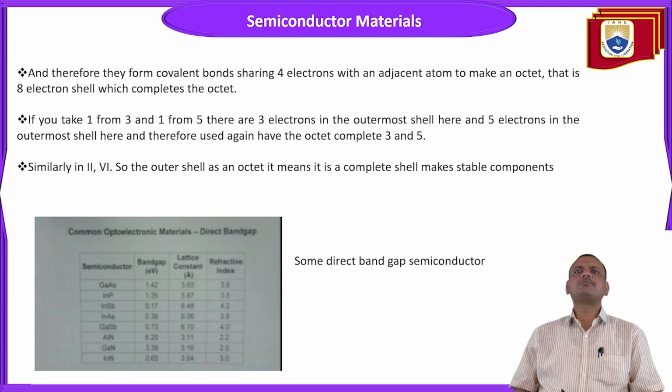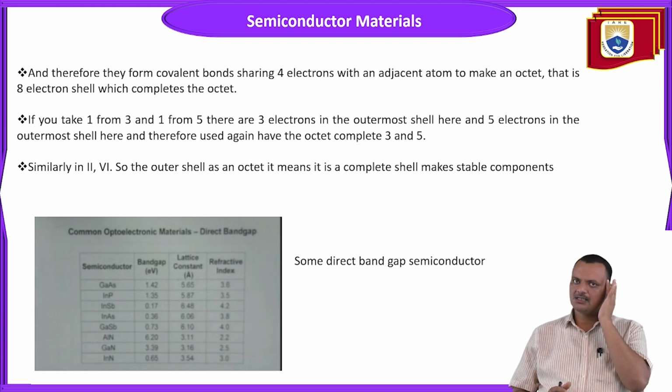So here some compound semiconductor band gaps are given, and their lattice parameter and refractive index are also mentioned. The first one is gallium arsenide, showing a 1.42 electron volt band gap. Indium phosphide 1.35. So these are the range.